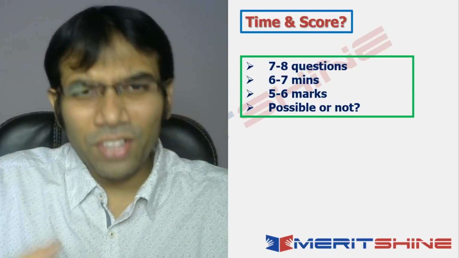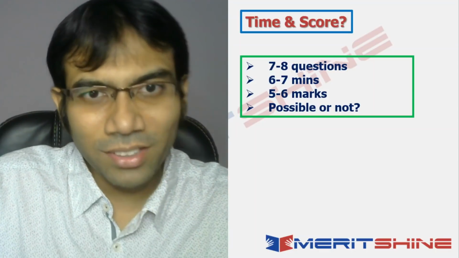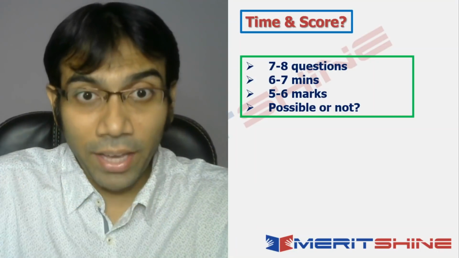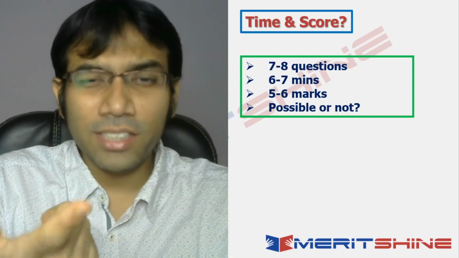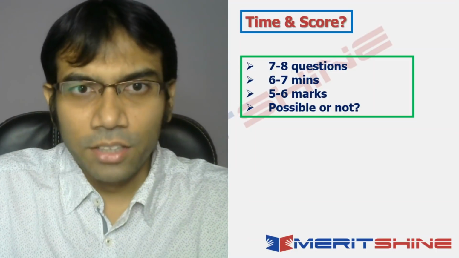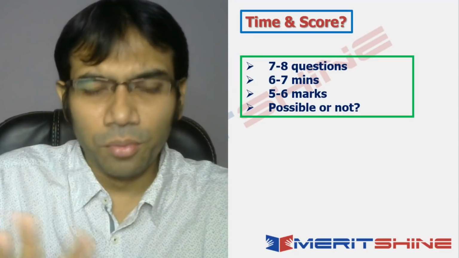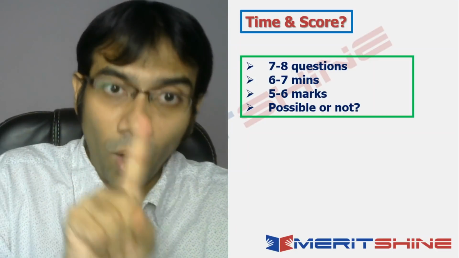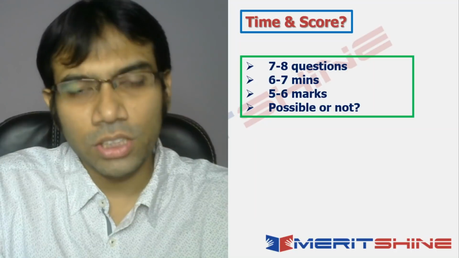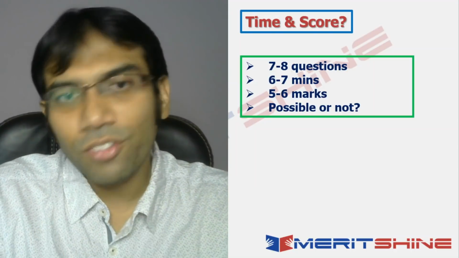And even if you had got 2 wrong, you would have got a score of 5 to 6 marks. In SBI clerk mains, the marks would be more, because in reasoning there are more marks to each question, so there you would get more marks, obviously. But in other papers where 1 mark is allotted to each question of reasoning, there also you would get at least 5 or 6 marks.